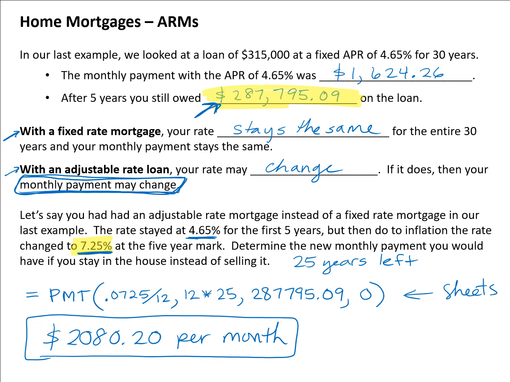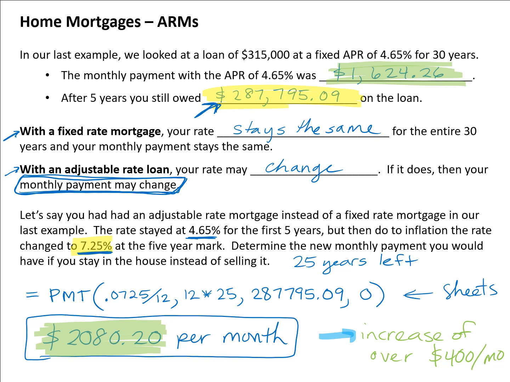Let's compare that to where we were before. In the original loan, we were at $1,624.26. In the new loan, with the new interest rate, we're now paying $2,080. That's an increase of over $400 per month.